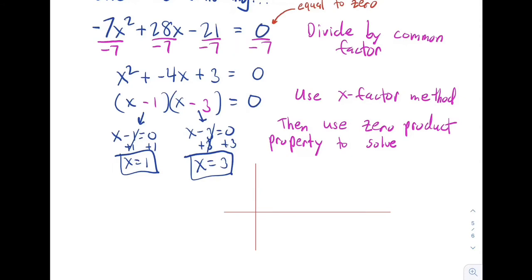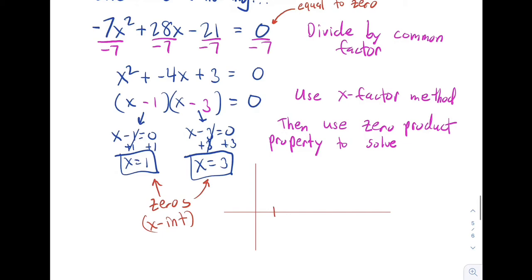And why are we doing this, right? These are our zeros because the equation is equal to 0. So our answers are going to be our zeros. Remember, these are our zeros, and they're also the x-intercepts. So zeros, they're x-intercepts.